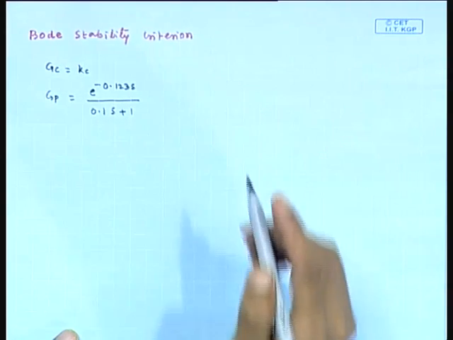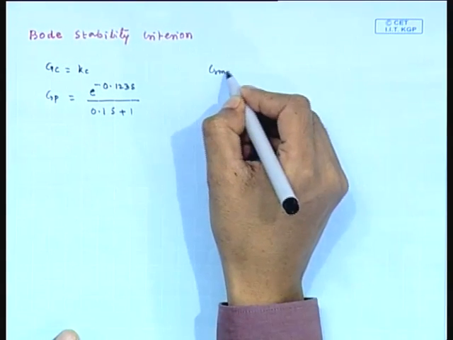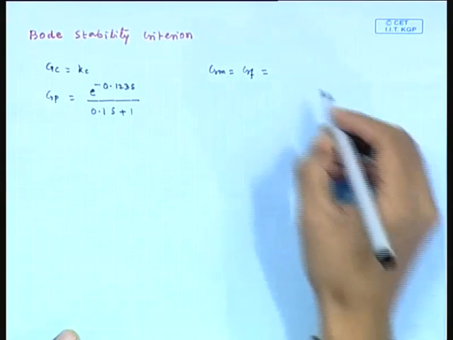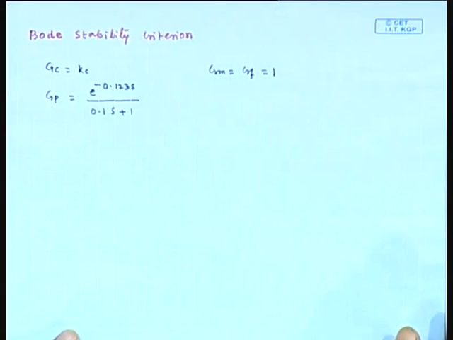For simplicity, we considered GM, GF both equal to 1.